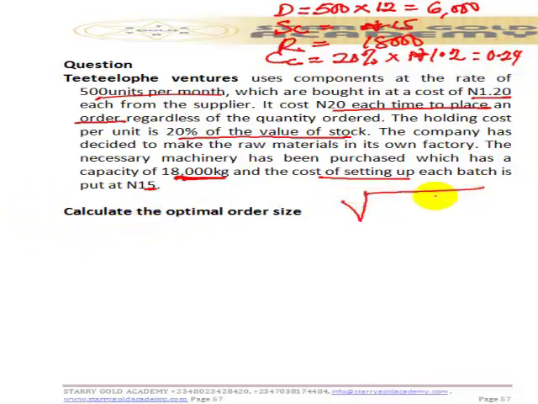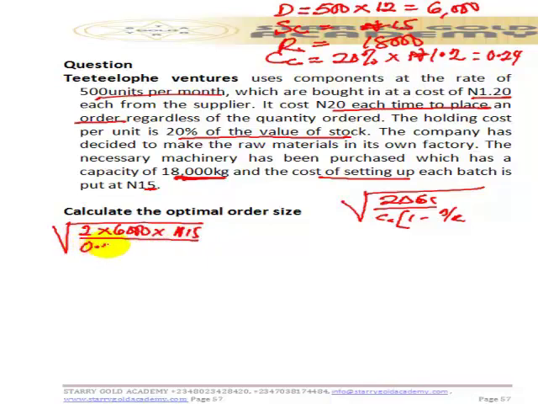to be square root of 2DSC over CC into 1 minus D over R. So I have 2 times 6,000 times 15, everything divided by 0.24 into 1 minus 6,000 over 18,000 by the formula. So that's giving us 2 times 6,000 times 15, that's 180,000.